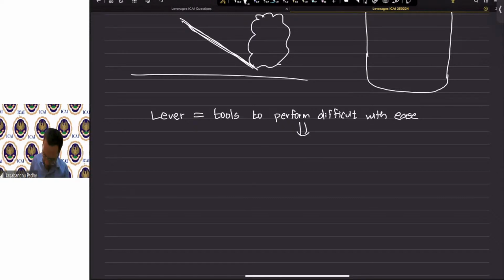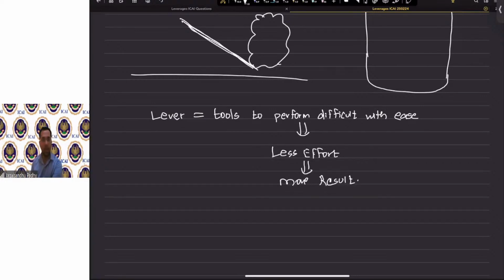That meant it provided you with less effort, more result. Something of this fundamental sort, we can also get in finance.